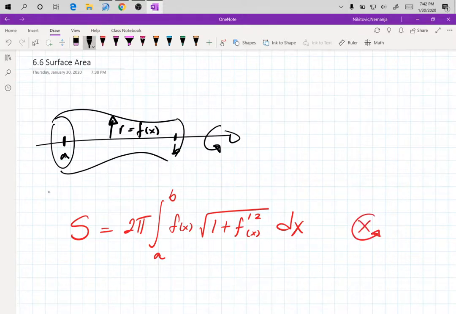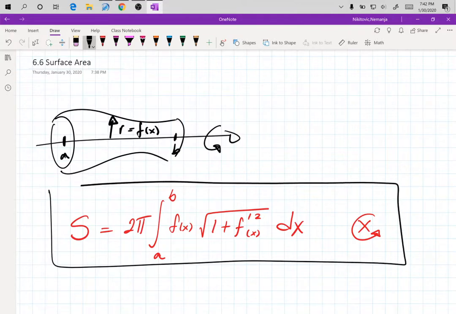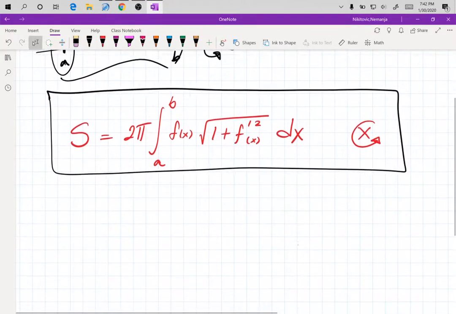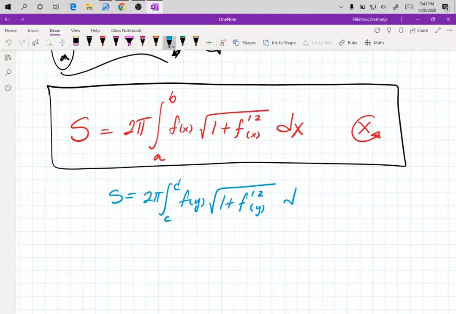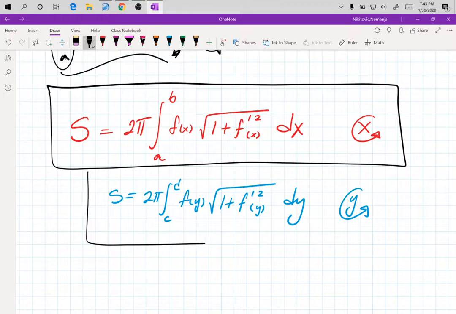And we box this one as our boss equation. Now, we also have the y version, which is 2 pi integral from c to d of f of y times the square root of 1 plus f prime squared of y, dy, for rotation on y. Another box on that, and the theoretical part is over. Now we'll do 1 or 2 examples and call it quits.